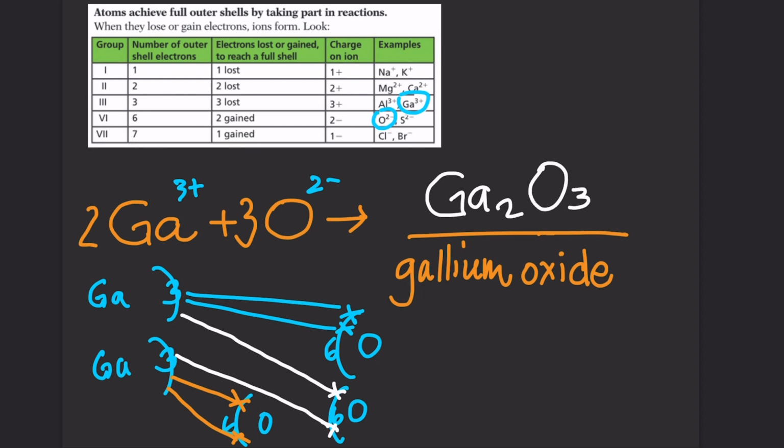What this means is that 2 atoms of gallium bonded with 3 atoms of oxygen. Why? Because that way, 2 of the electrons go to 1 oxygen atom. The third electron and the first electron of the other gallium atom bond with another oxygen atom, and the last 2 electrons of the second gallium atom bond with the third oxygen atom.